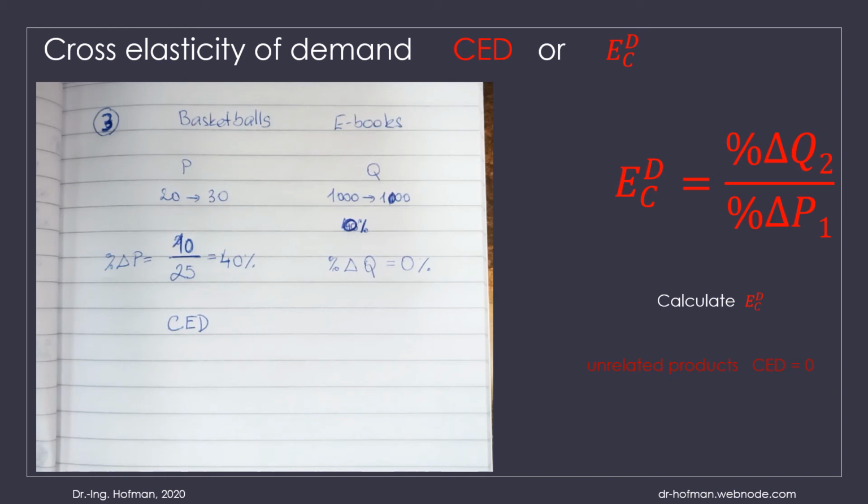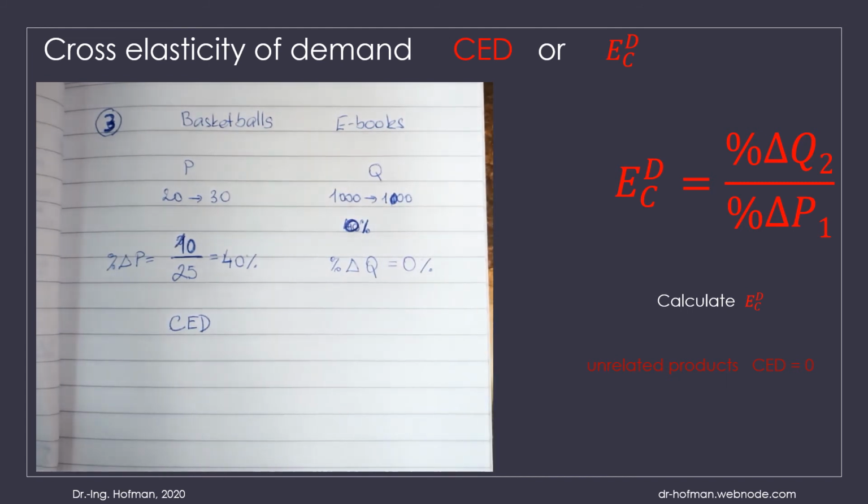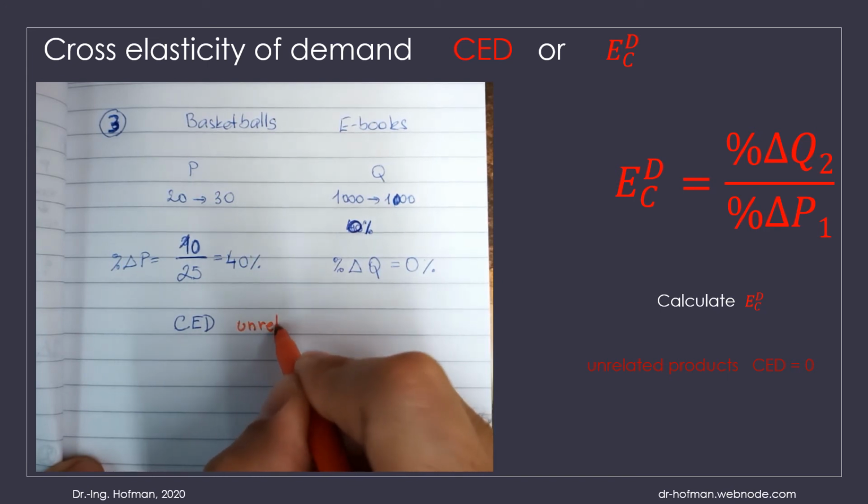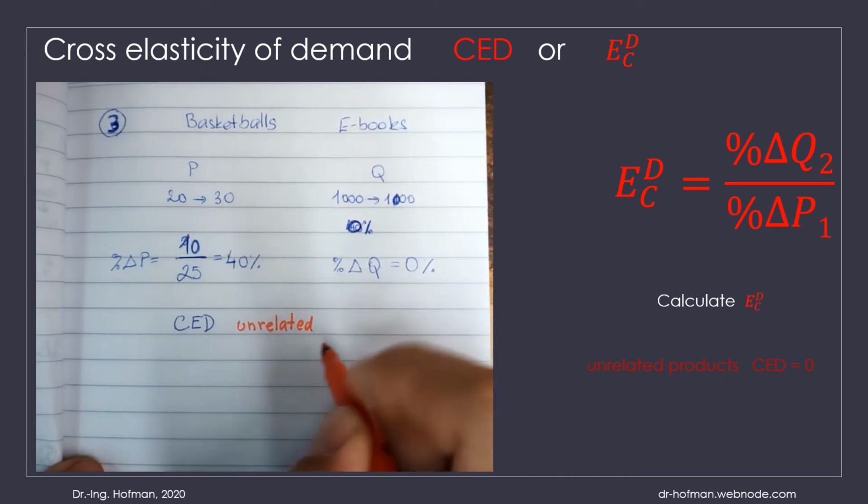If there are substitutes, you would have a positive one. And the closer the substitutes they are, the more positive your cross elasticity of demand is going to be. So we can say these are unrelated products.